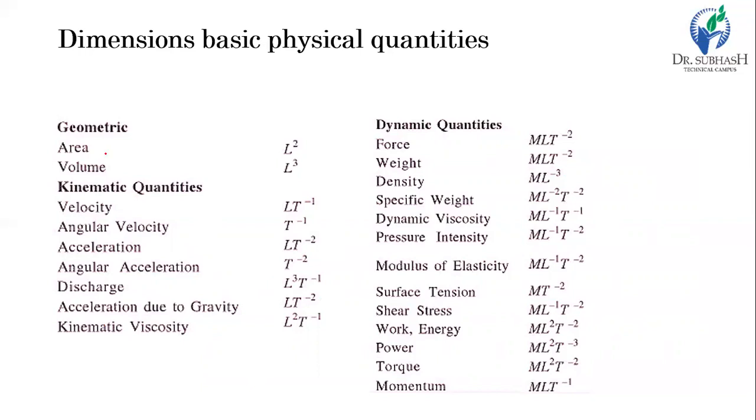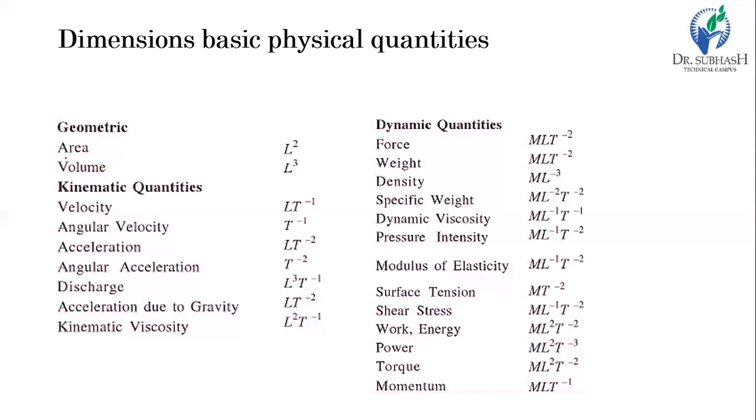One thing I want to clarify: we will use only the MLT form. We will not consider theta at this moment, for the sake of simplicity and the need of this subject, and we will not use the FLT form, which is the force, length and time method.